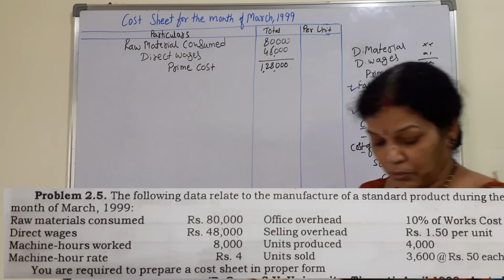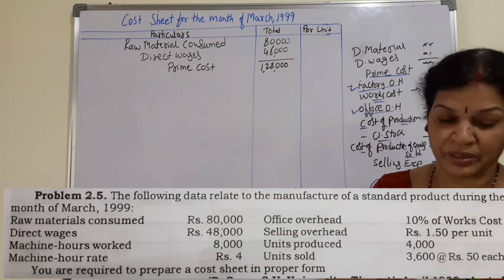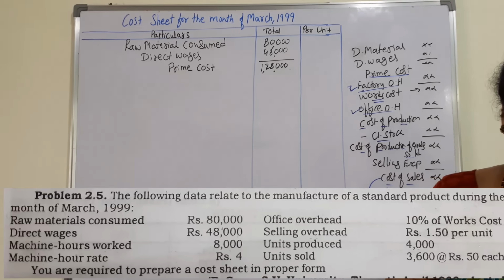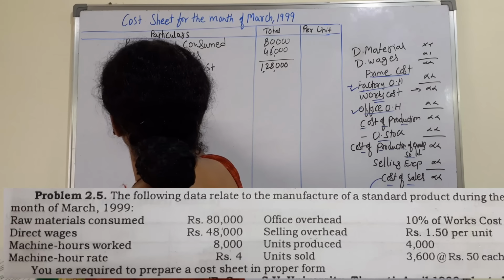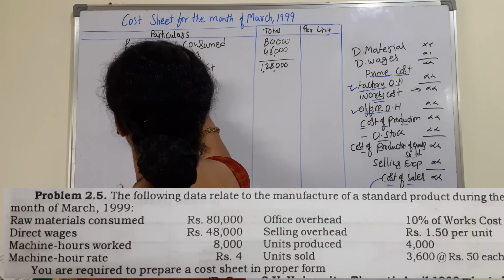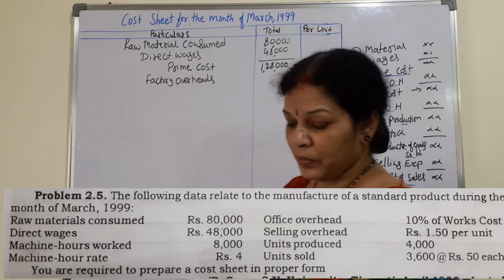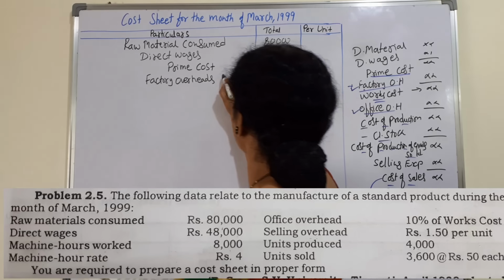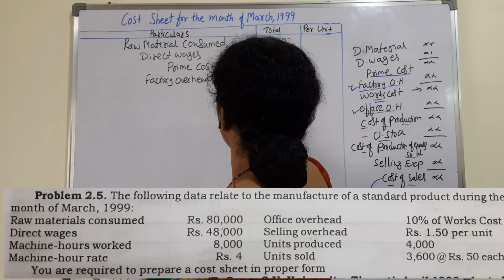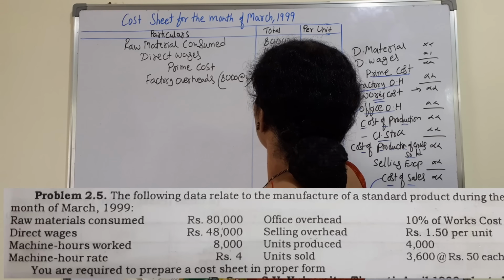To the prime cost, what are we going to add now? Machine hours worked and machine hour rate, both are given. So it means you will be getting factory overheads. Factory overheads are here 8,000 into 4. 8,000 at the rate of 4 rupees, 32,000 you are going to get.